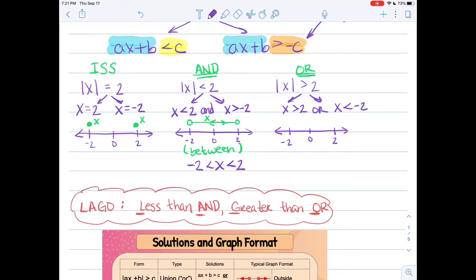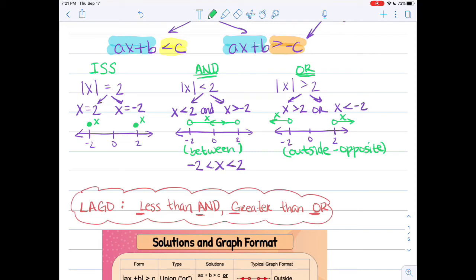So when we go to plot this, we have an open dot here with an arrow going this direction because we need to be greater than 2, but the other inequality, x is less than negative 2, goes in the opposite direction. So those arrows and those lines are not going to cross. So we call this the outside or opposite condition. So x is either over here or it's over here. It's going in opposite directions.